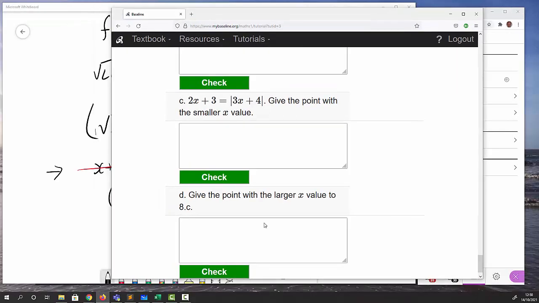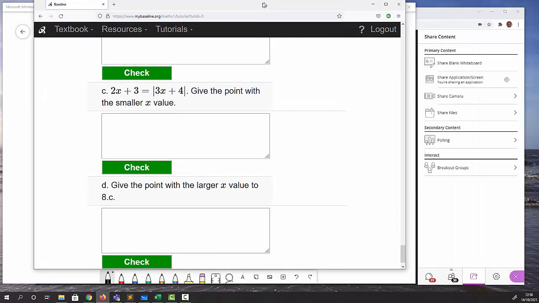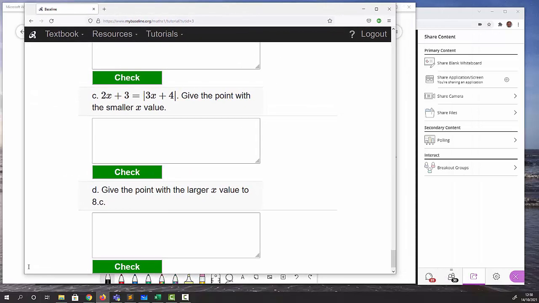You've got 2x plus 3, and obviously x here can go negative, but if x is negative, so this thing becomes negative, the modulus means it's always positive. So we need to think what that means. I'll make a short video on that, I think that's the best way to do it, because personally I wouldn't understand it without some pictures. So that's what I'll do. I'll make some graphs and so on so you can see what happens.